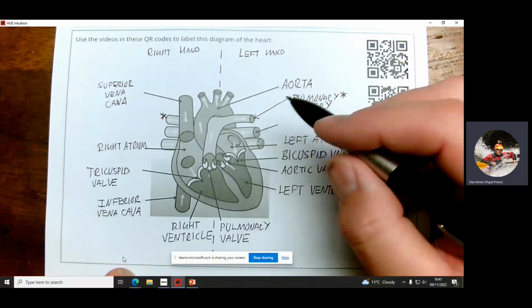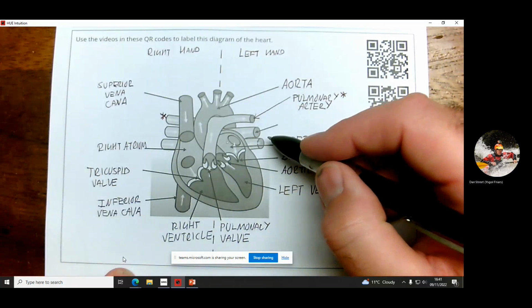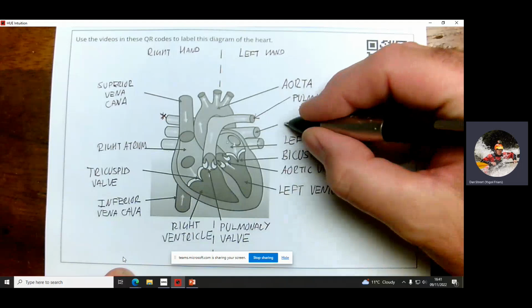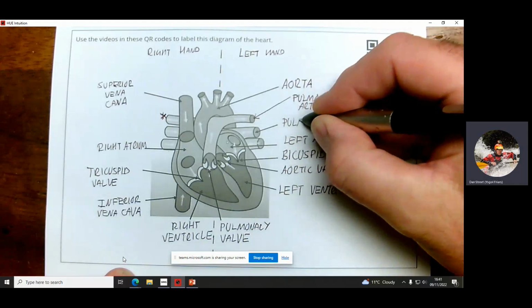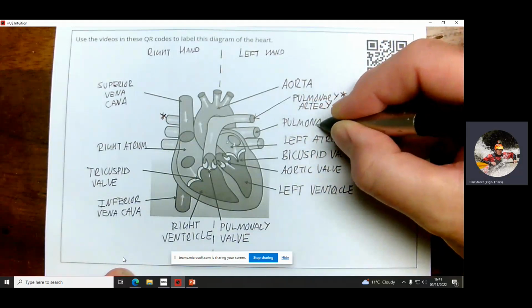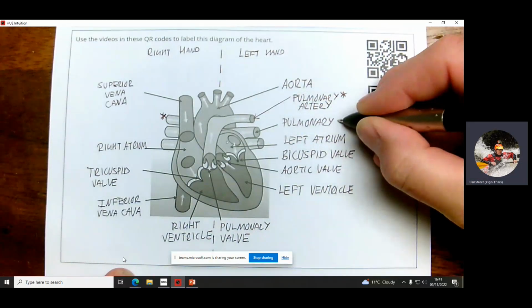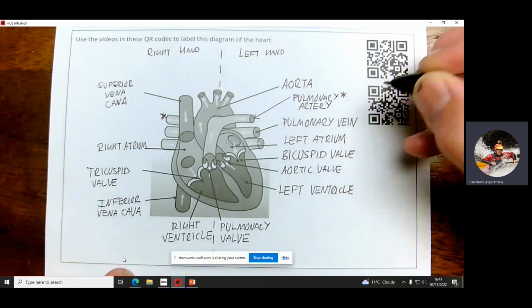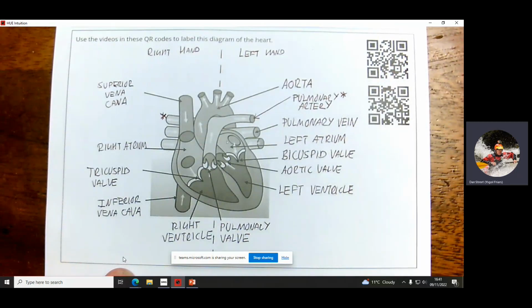There's one goes in here, and then there's more of this side. But these are all the pulmonary veins. So they receive blood from the lungs, which for a vein is unusual because the blood is oxygenated. Okay, so those are the labels that you need to learn for the heart.